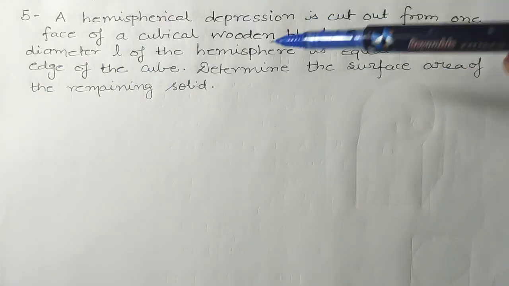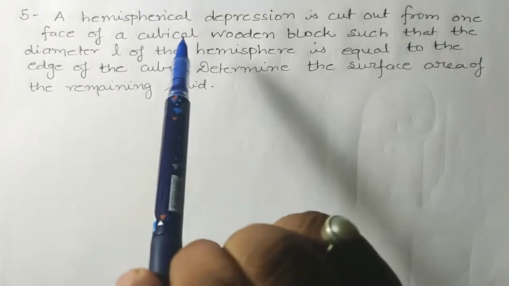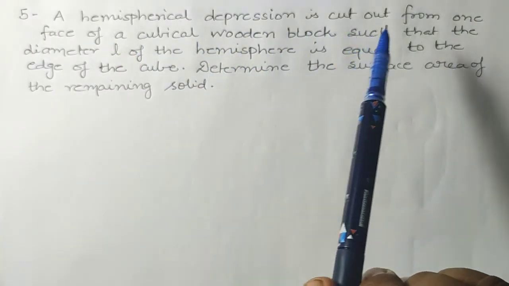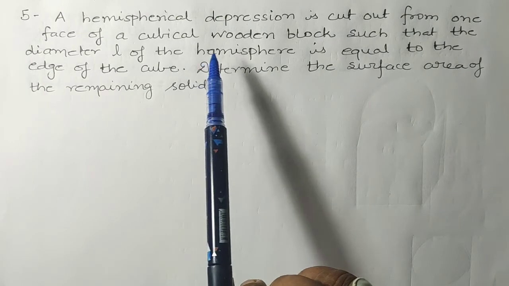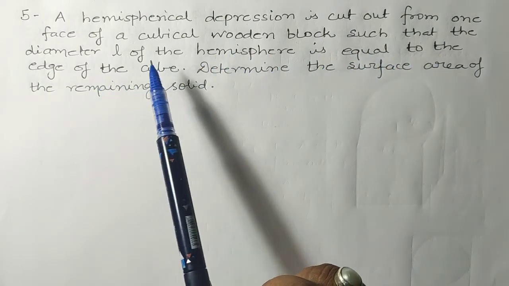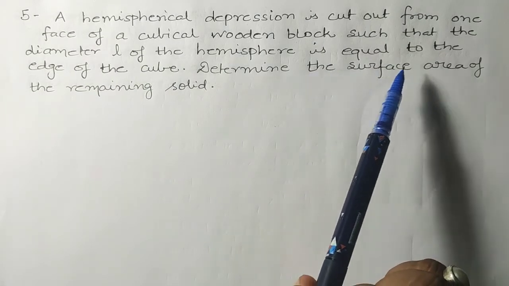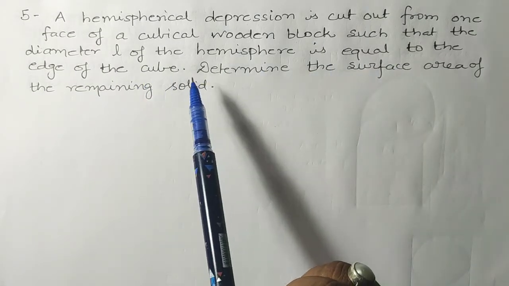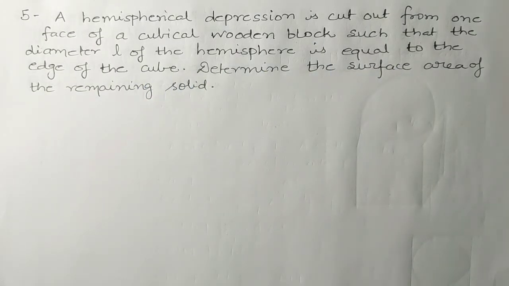So the next question, question number 5 is, a hemispherical depression is cut out from one face of a cubical wooden block such that the diameter L of the hemisphere is equal to the edge of the cube. See, in the previous question we have seen that a cubical block was surmounted by a hemisphere. Surmounted by means hemisphere was on the top of the cubical block.